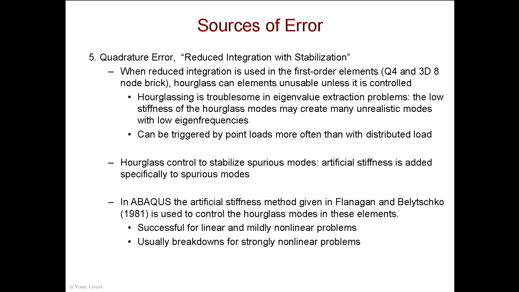But the minute you go to reduced integration, look out for overly flexible behavior, things that don't make sense. That's why hand calculation is so important in everything we do. It's not just about running an FEA model, but also verifying your results. Okay?